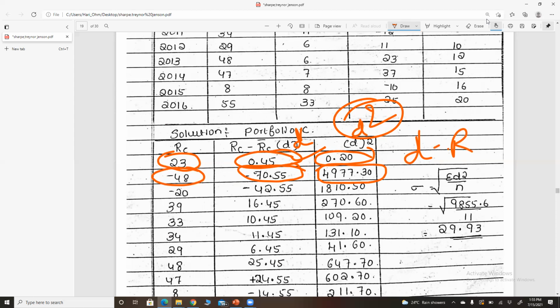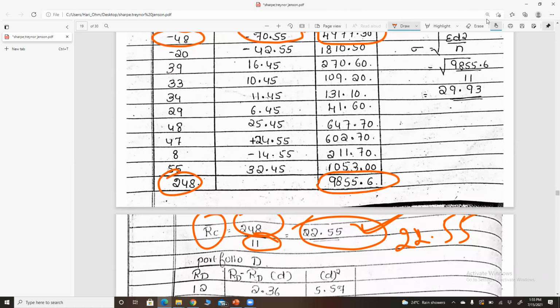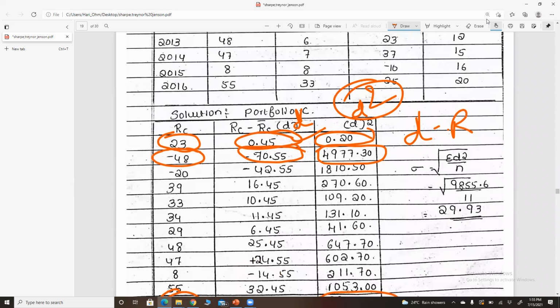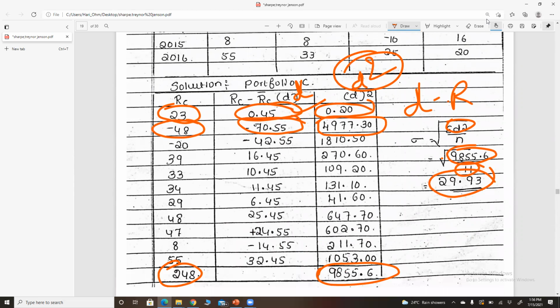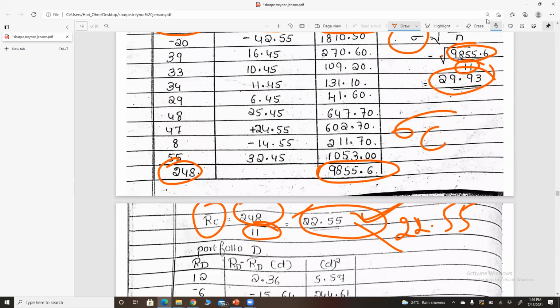Answer is 4977.30. Like that, you have to calculate. Total will be 9855.6, that is summation D square. Divided by 11, take the square root of this, and you get the answer 29.93. This is the standard deviation of C. And what about RM? Here, this is 22.55, that is R bar C.